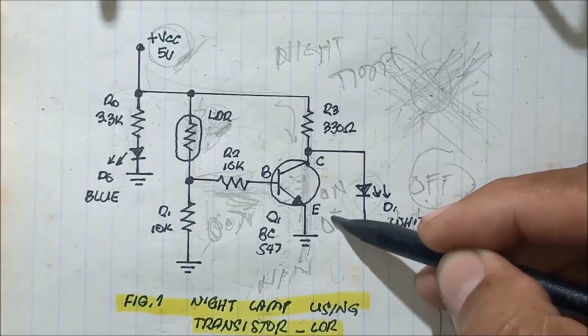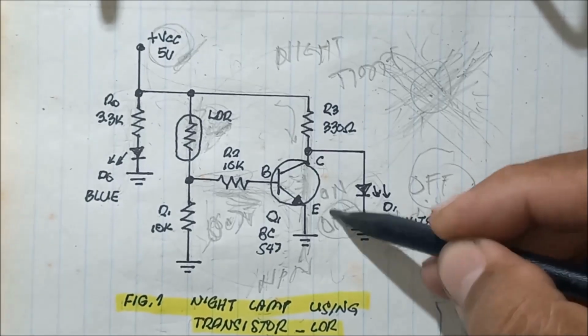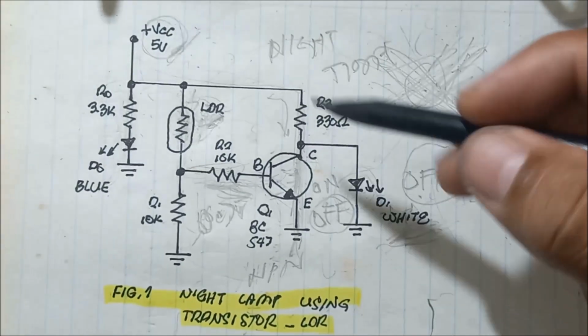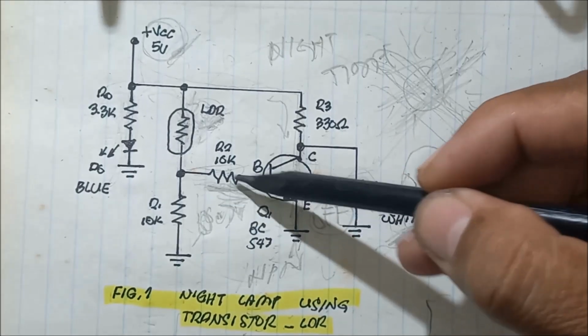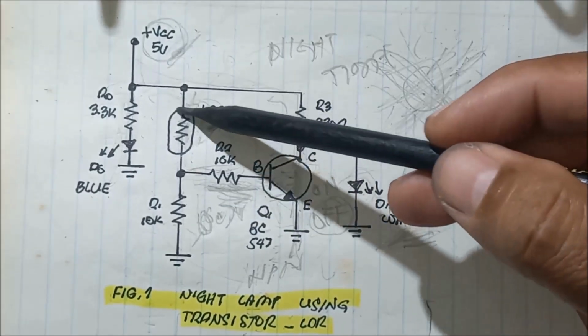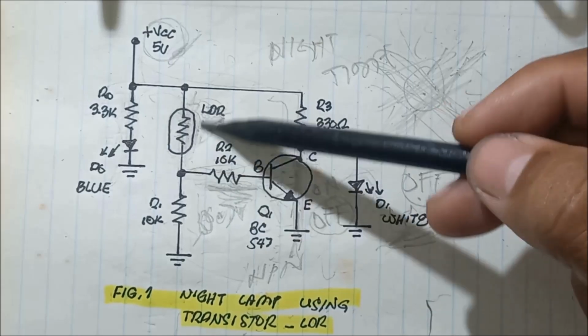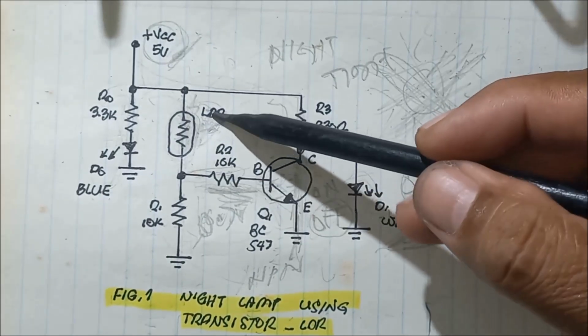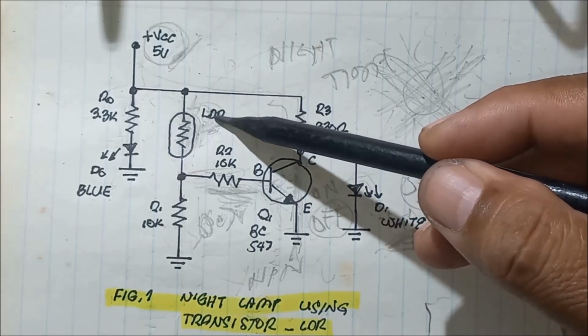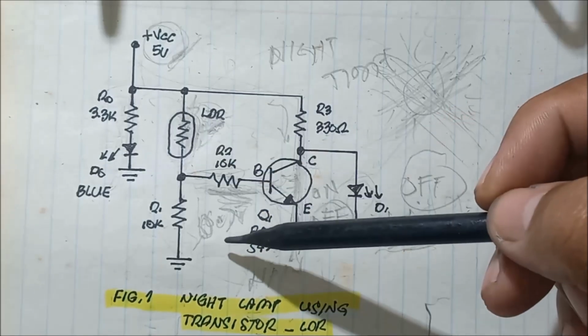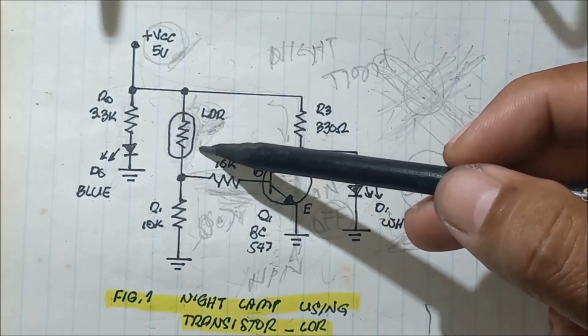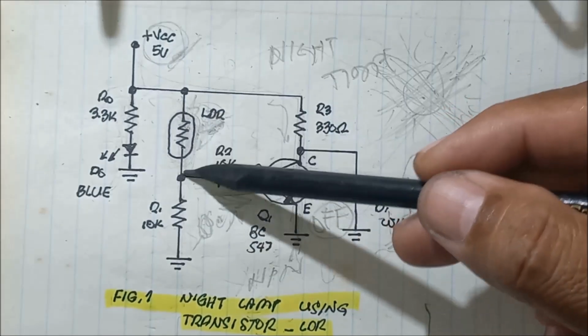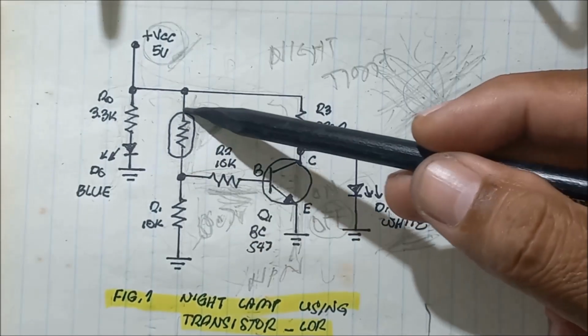Now this transistor is off because there is not enough current to turn it on, because this LDR or light sensor creates more and more resistance.